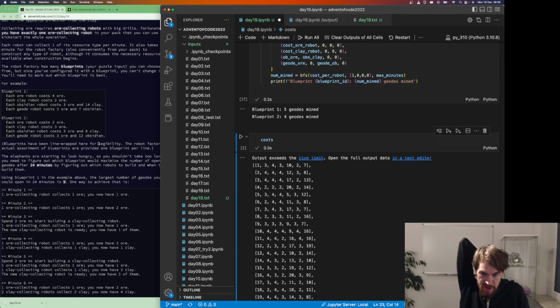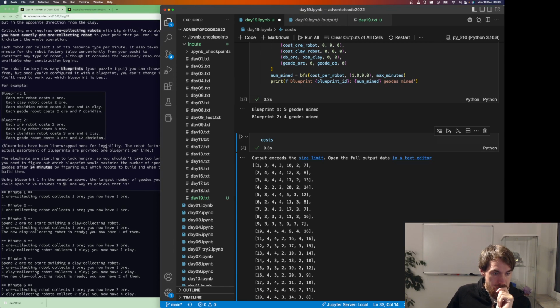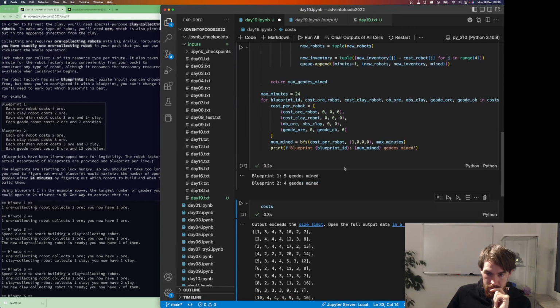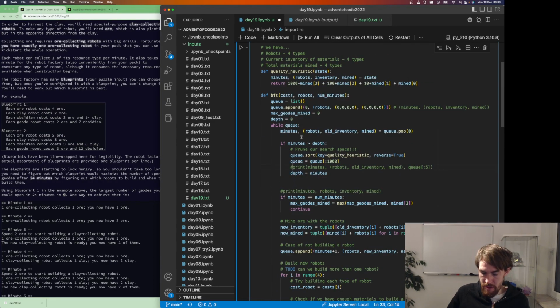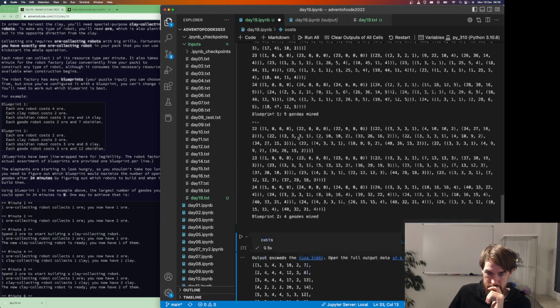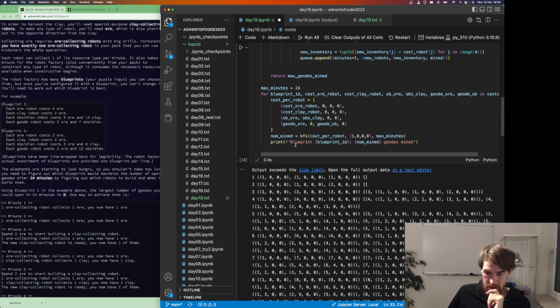Now we are underachieving. So something is going wrong. Let me print this again and inspect. So we start by having 1 robot, mine 1 thing, 2 robots.